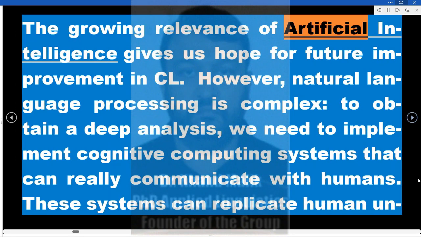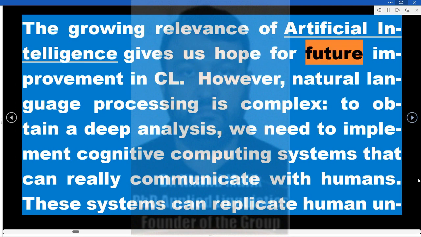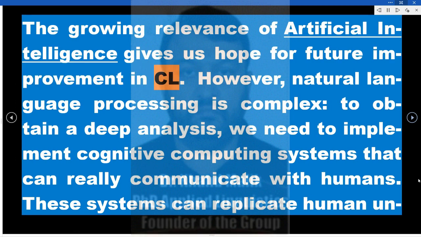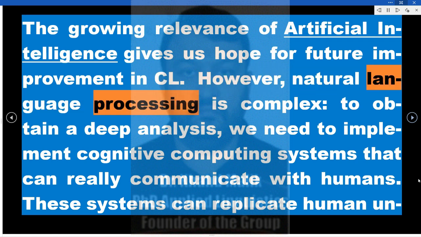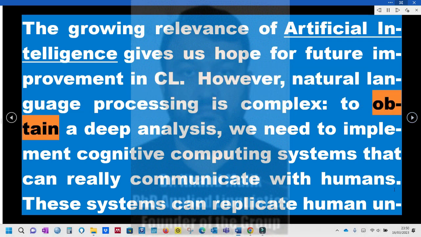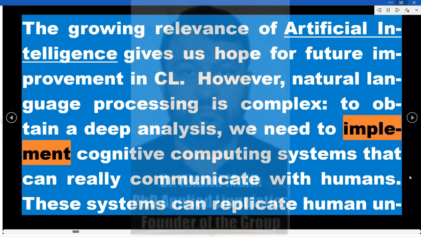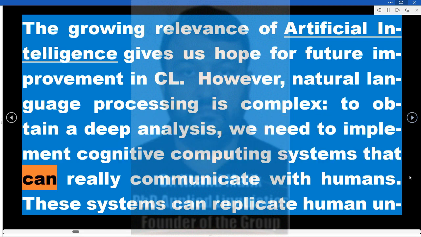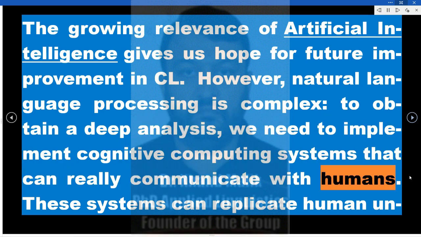The growing relevance of artificial intelligence gives us hope for future improvement in CL. However, natural language processing is complex. To obtain a deep analysis, we need to implement cognitive computing systems that can really communicate with humans.